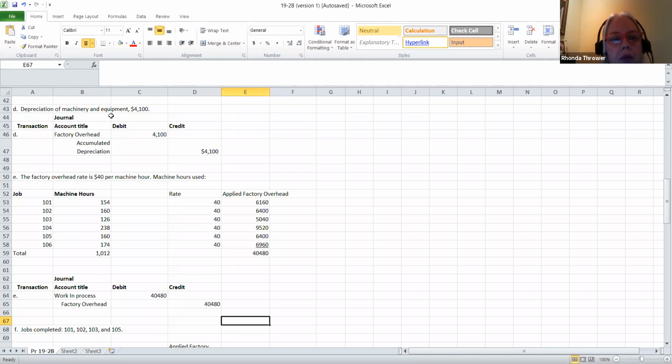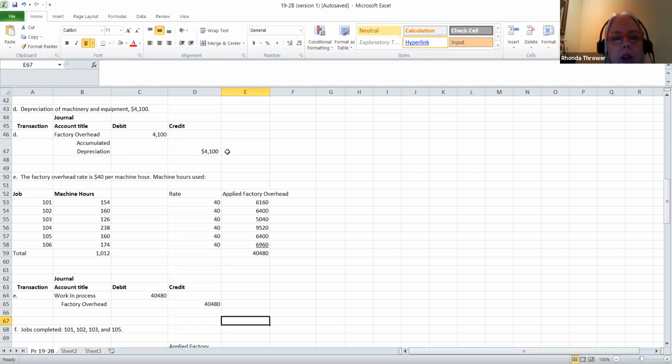But this is for the factory, and even though they didn't tell you that, they're assuming that you know that this is factory. I'm telling you it's for the factory, and so the factory overhead account is going to be debited. We're going to have a credit to our contra asset account, accumulated depreciation. You'll remember from accounting 120, accumulated depreciation increases on the credit side.